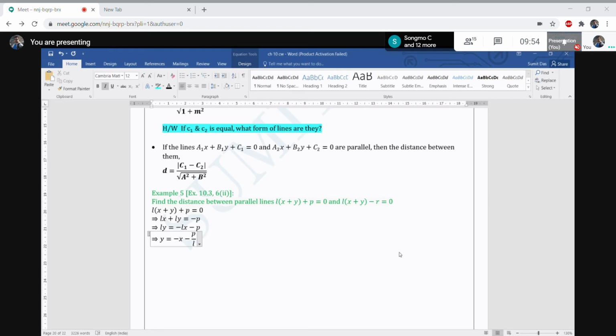Then the other line will be, this line also you have to convert. Similarly, if you simplify this one line, you will get ly equal to minus lx plus r.